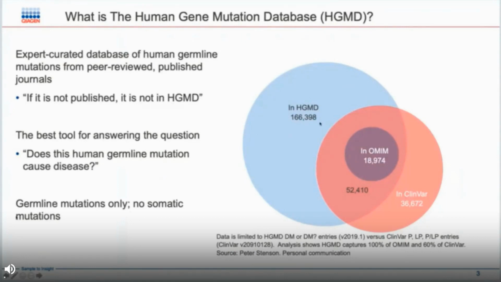You can also see that HGMD has quite a bit of content that is not available in either OMIM or ClinVar. And so really it's a great tool if you're asking the question, does this human germline mutation cause disease? I'd like to note that HGMD is for germline mutations only, not for somatic.